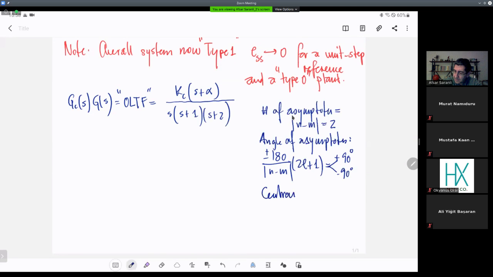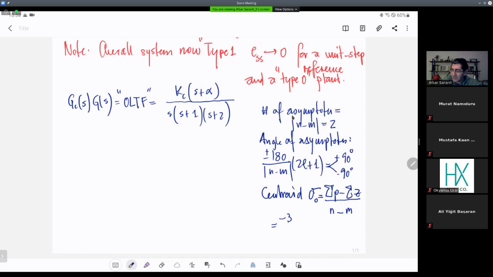Centroid: rho 0 is equal to the summation of the poles minus the summation of the zeros, divided by the number of asymptotes, n minus m. In this case, the summation of the poles is 0, minus 1, minus 2, minus 3, and the summation of the zeros is minus alpha.